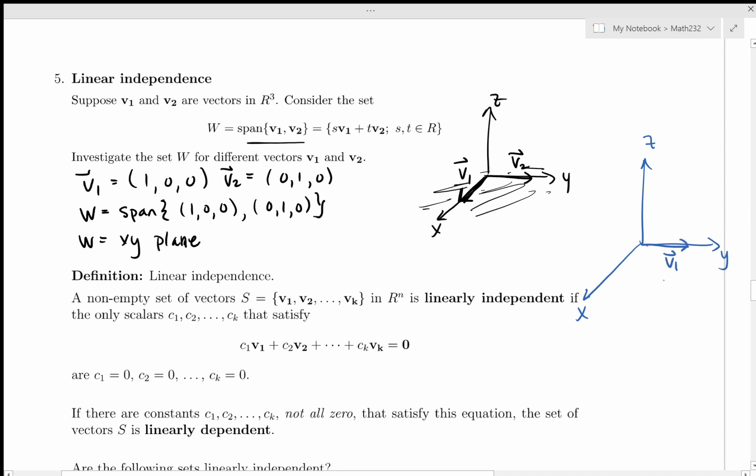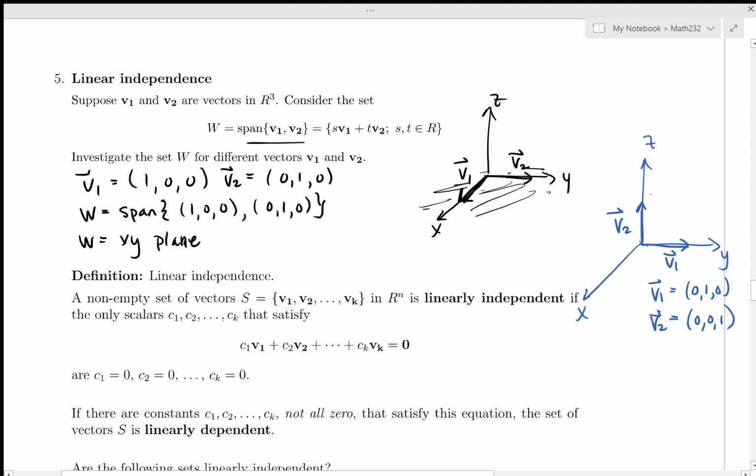So what does that look like? Well, it looks like just what it looked like before. V1 is 0, 1, 0. And then I'm going to take V2 here instead. So V2 will be along the Z axis. So V2 will look like this, 0, 0, 1. Okay, and then what is the span?